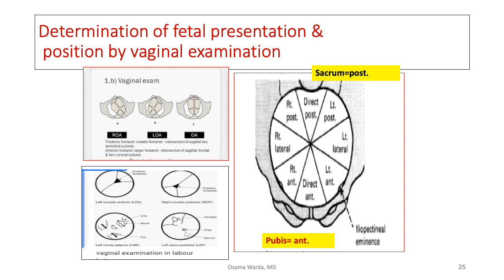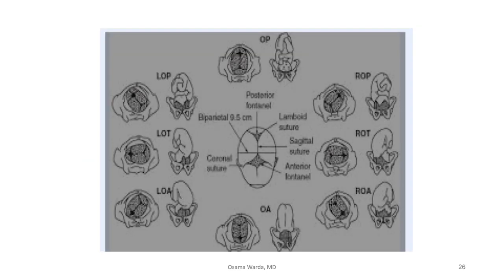We also can determine the fetal presentation and position by palpating the anterior and posterior fontanelles of the fetal head, and relating them to the sacral promontory posteriorly and pubic rami anteriorly, and can precisely define the fetal position as shown in these figures. These are the variable positions that can be palpated.